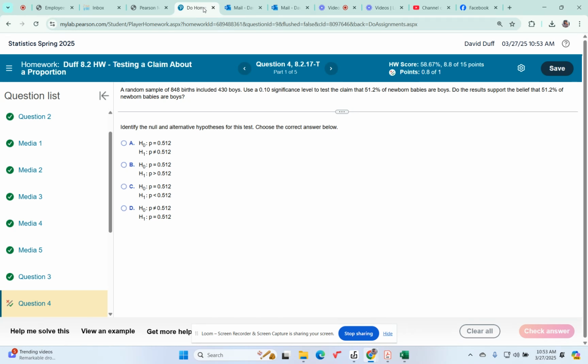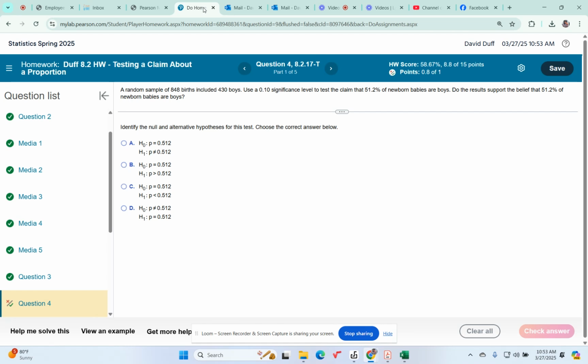Okay, so this is a slightly different situation. Remember that the null hypothesis is always a statement of equality. So the claim in this problem is actually going to go into the null, right?